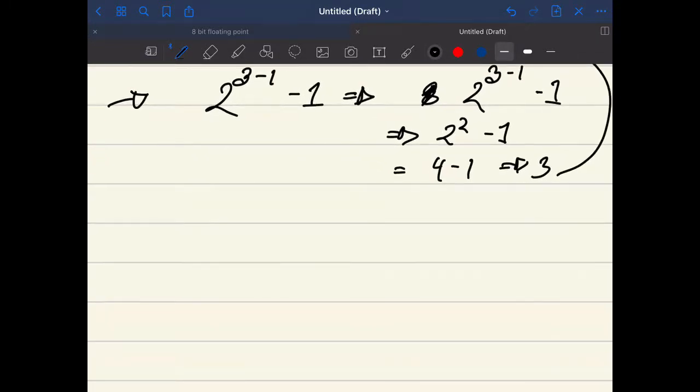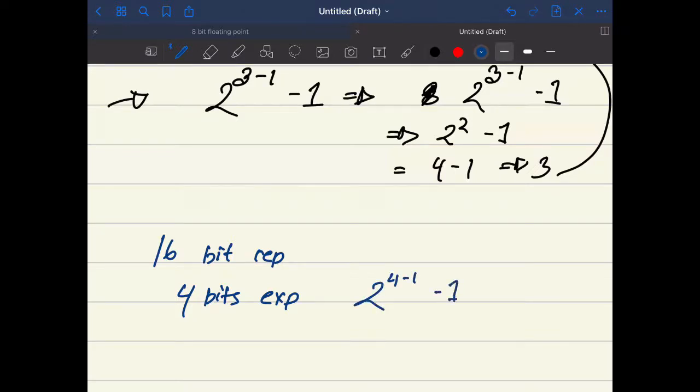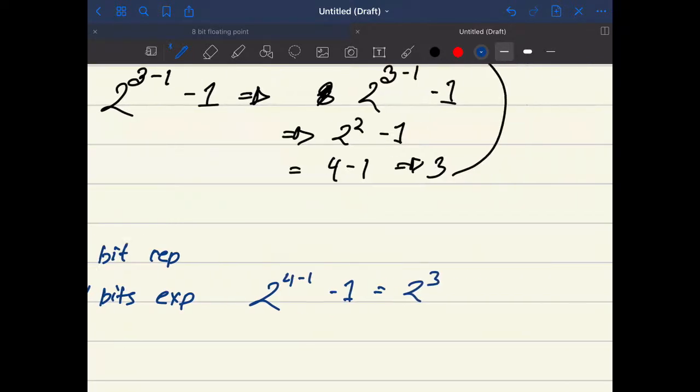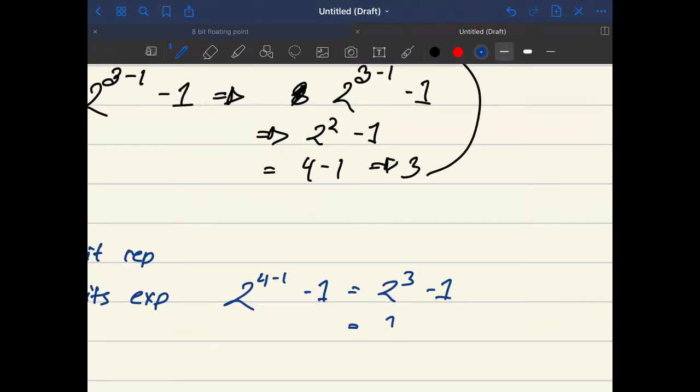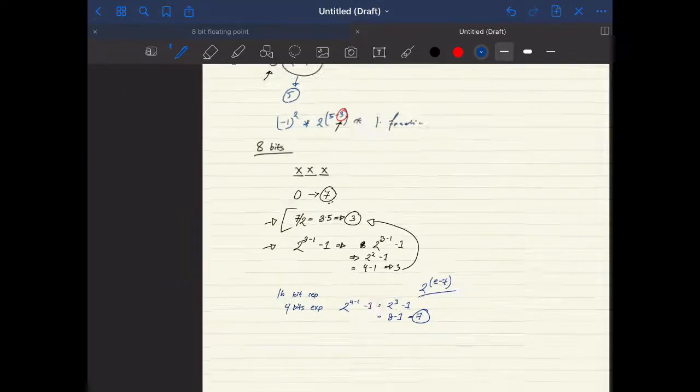Whenever we are dealing with a 16-bit representation, we have 4 bits for the exponent, right? So the formula would be 2 to the power 4 minus 1, minus 1. This gives us 2 to the power 3 minus 1, that is 8 minus 1, equals 7. So we would have to do 2 to the power e minus 7 for a 16-bit representation.